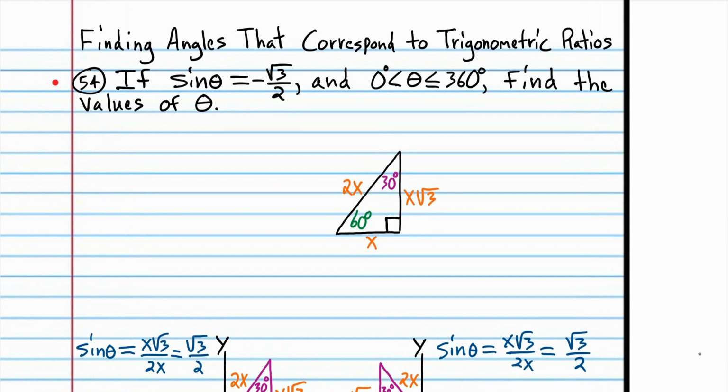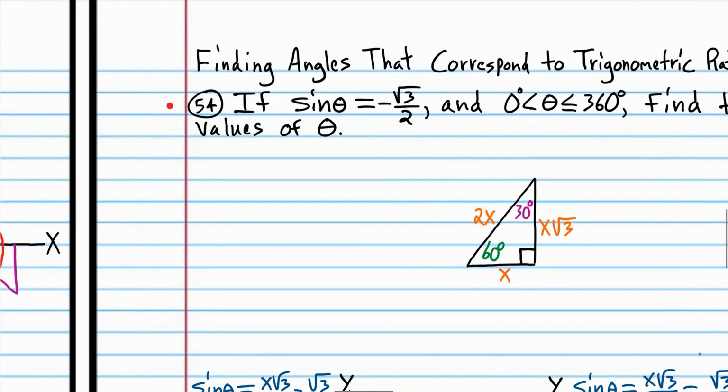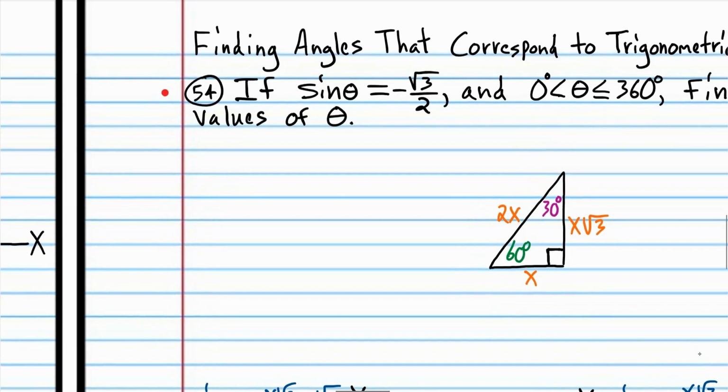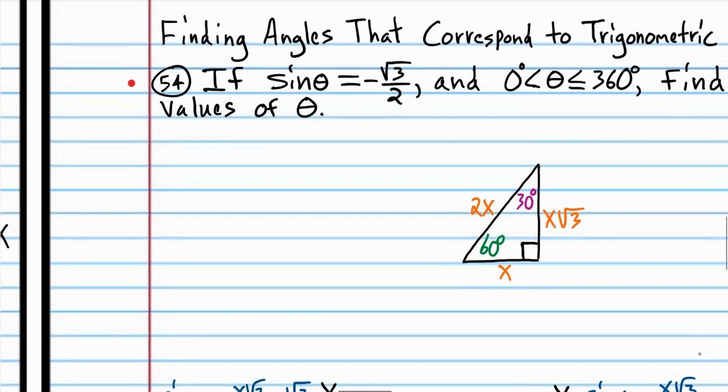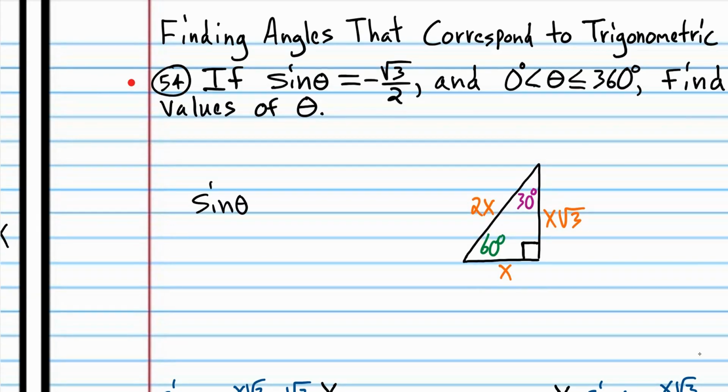So how do we do that? That seems really difficult. But you may recognize this ratio. That's the most important thing, is to recognize that ratio. Sine theta, we're told, is equal to negative root 3 over 2.